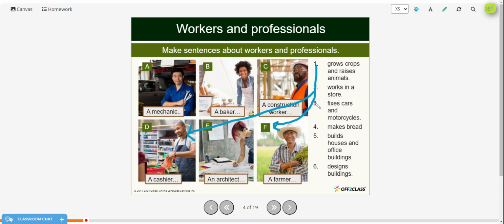Number three, a mechanic fixes cars and motorcycles. Number four, a baker makes bread. Number five, a construction worker builds houses and offices. And number six, an architect designs buildings.